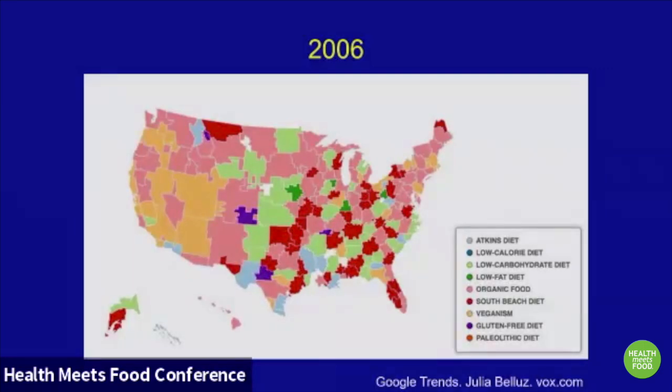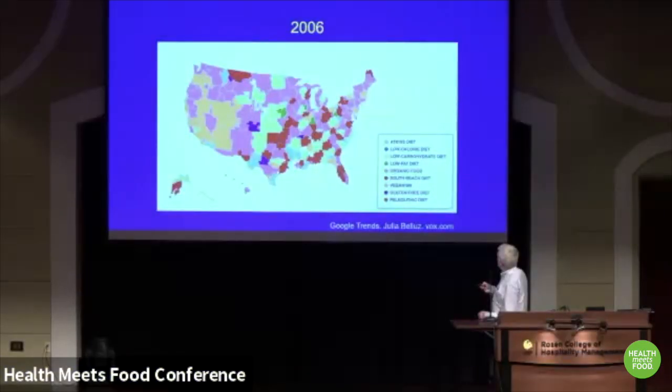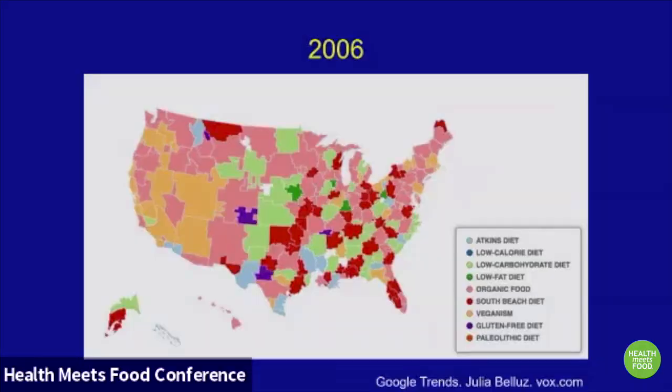Here you can see in 2006 the different diets: the light blue is Atkins, the darker blue is low calorie, low carb is the light green, veganism is the orange, organic food. And in 2006, there was only this gluten-free. So this is like Austin, Texas. This is Colorado, probably. I don't know where that is.